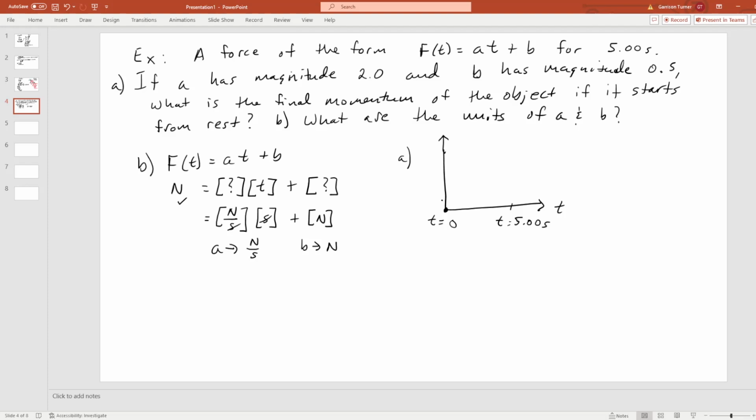So I'm going to start at 0.5, and my slope is 2, so there's 5 ticks here, so it would be about 1, 2, 3, 4. So I'm going to start right here at this point, and then I'm going to go up 2.